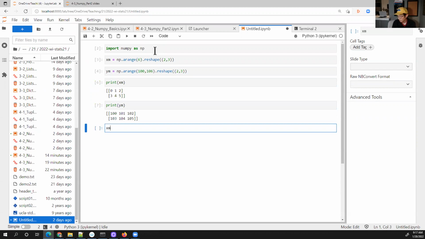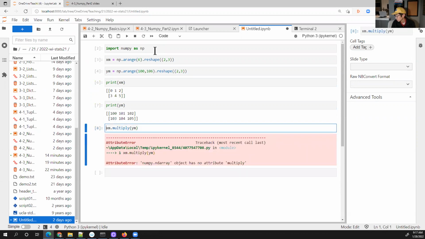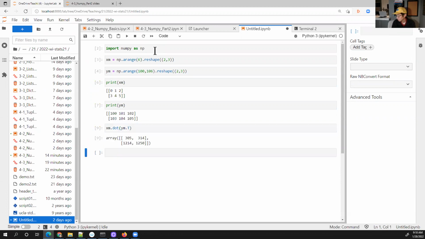Right, so I think I can do xm.multiply as well. Oh no, you cannot. Okay, never mind, I lied. So there's xm dot. Well, let's ask for help.